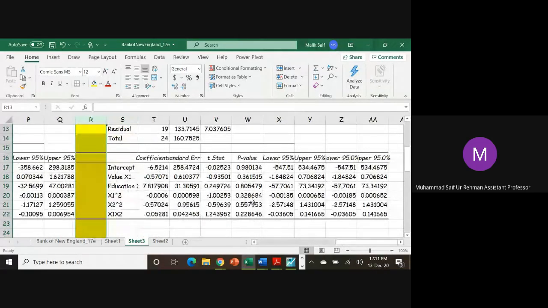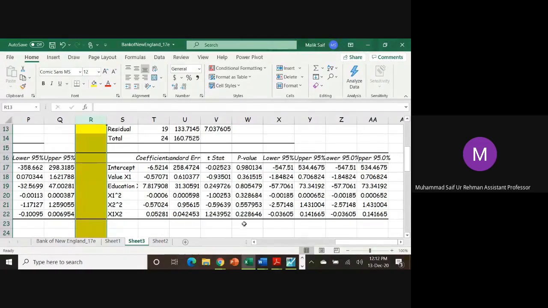Now you have to see what this probability value is. If you observe, all the probability values are greater than 5%. So when you take x1 into account, the null hypothesis was that there is no relationship between x1 and the residual square. Similarly, there is no relationship between education and the residual square. In all these cases, one by one, you are going to accept the null hypothesis.